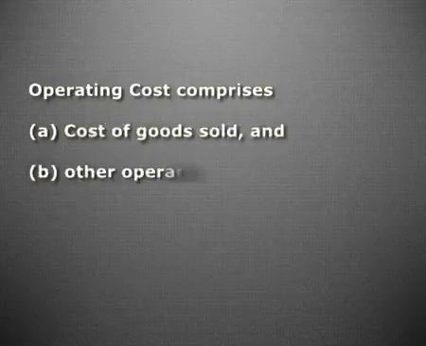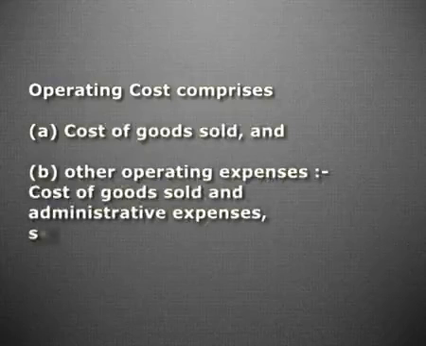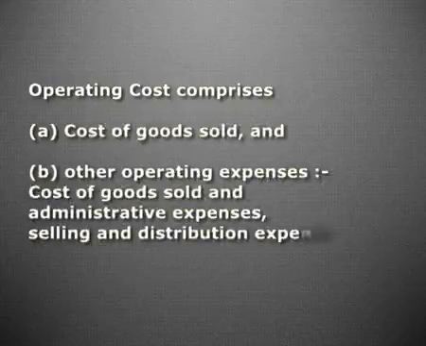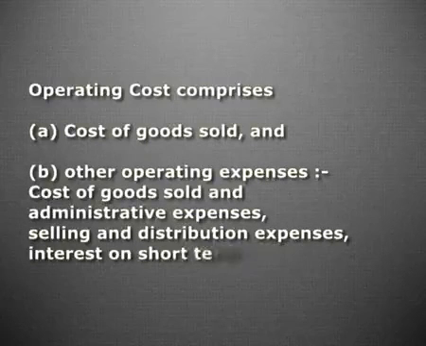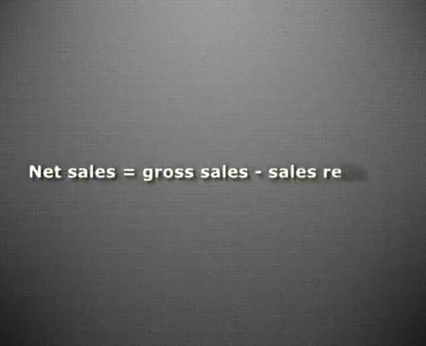Operating cost comprises A. Cost of goods sold and B. Other operating expenses. Cost of goods sold and administrative expenses, selling and distribution expenses, interest on short-term loans, discount allowed and bad debts. Net sales is equal to gross sales minus sales returns.